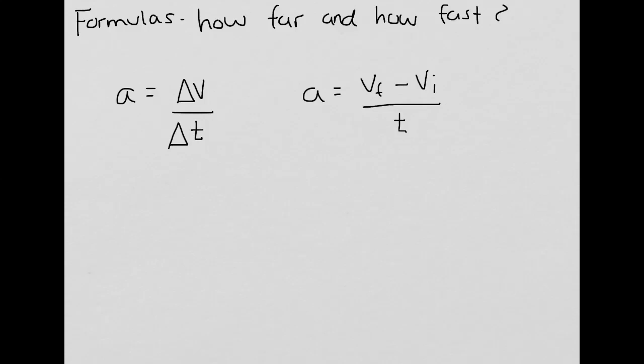I can multiply t to the other side and I get AT equals VF minus VI. And then I see that my final velocity equals AT plus VI. So what this is saying is that final velocity equals initial velocity plus acceleration times time.